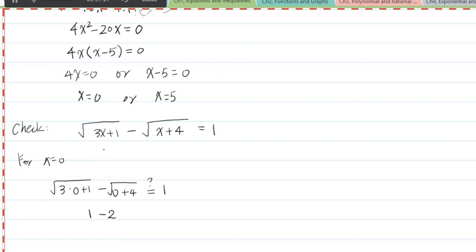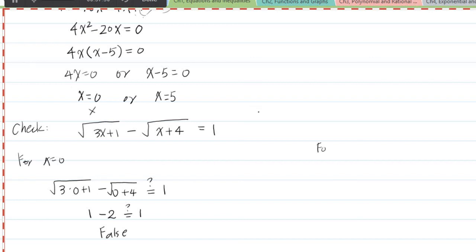Then here it will be minus 2, because the square root of 4 is 2. So this is false, because the left hand side gives negative 1. That means x equals 0 is not our solution, it's false.